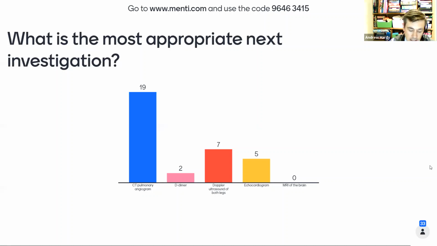The thinking is that with the modern low dose scanners, the radiation dose is actually quite low. And obviously they haven't given you the option of VQ here, which is why it's not the answer.